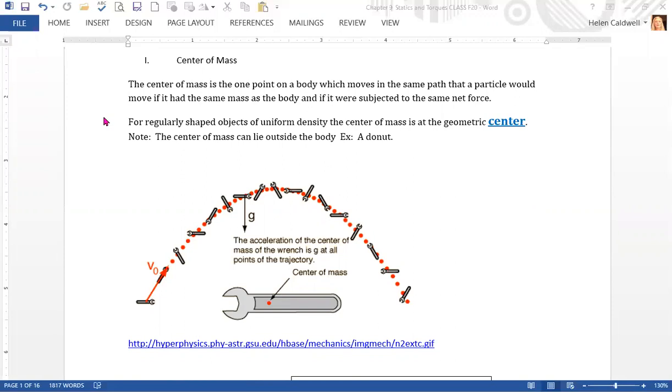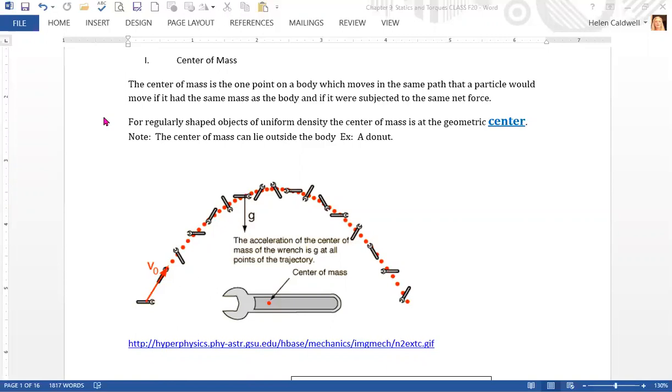And what this does, why we care, is because it makes the math easier. The center of mass means you have to do one calculation instead of integrating over a volume. And we far prefer the easy calculation.